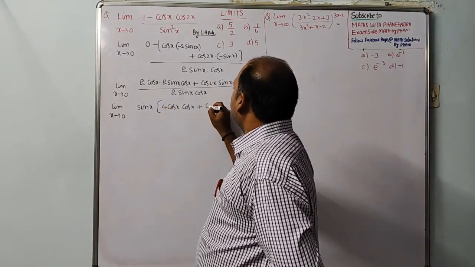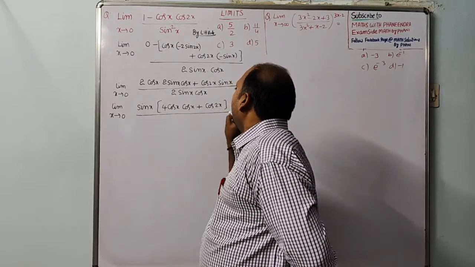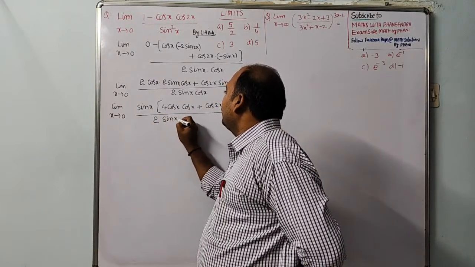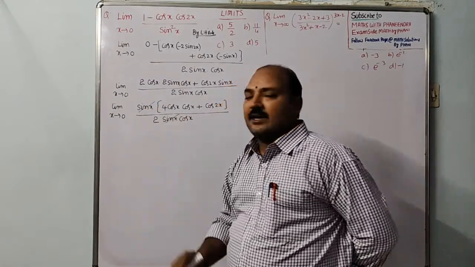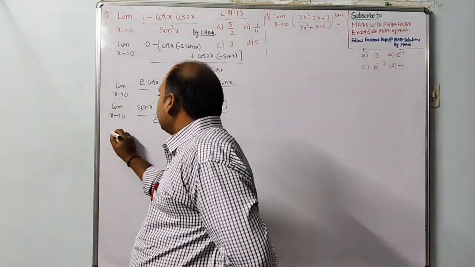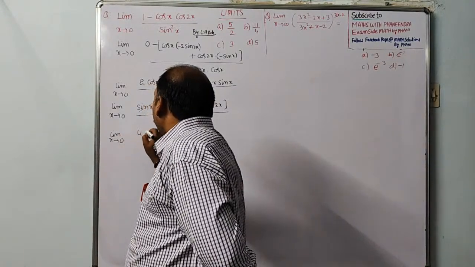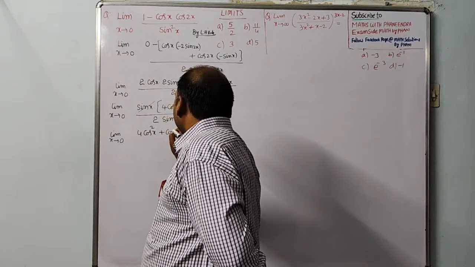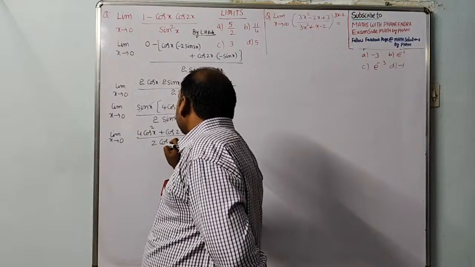Here sin x, if we take out common, cos 2x will be there by 2 into sin x into cos x. So sin x gets cancelled. In the next step, limit x tends to 0, 4 cos square x plus cos 2x divided by 2 cos x.